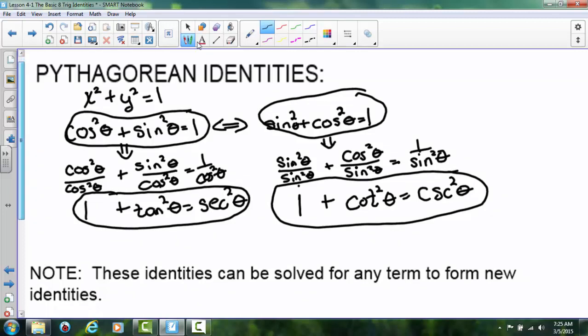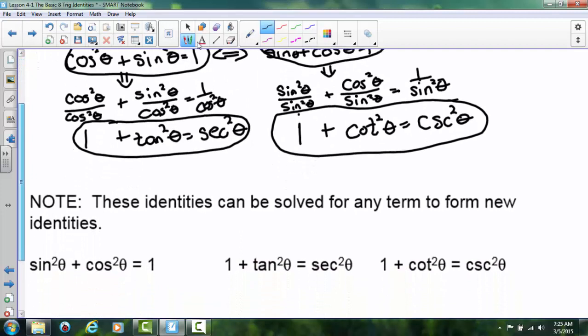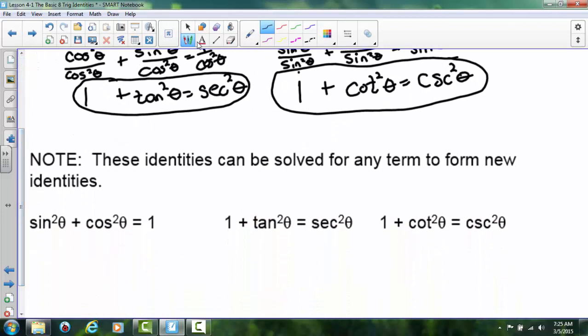Our note here says these identities can be solved for any term to form new identities. So we've got some more that will come off of just this handful. One of the things we can do is just solve for cosine, right? If we isolate cosine, we would be subtracting sine squared theta, which means we would get cosine squared theta is equal to 1 minus sine squared theta.